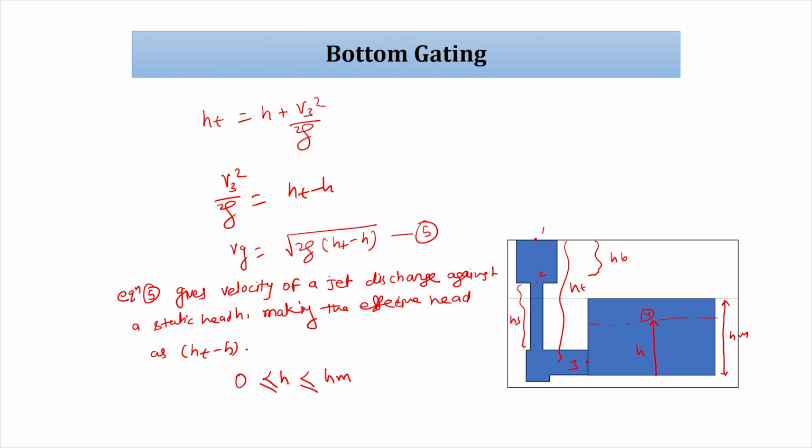So, what is happening? Equation 5 suggests that the velocity of this jet discharge against a static head, already head H is there, making the effective head Ht minus H. What was the head? Ht. V3 was root under 2g Ht, but in the bottom gating, the head is Ht minus H, which is continuously changing along the filling.